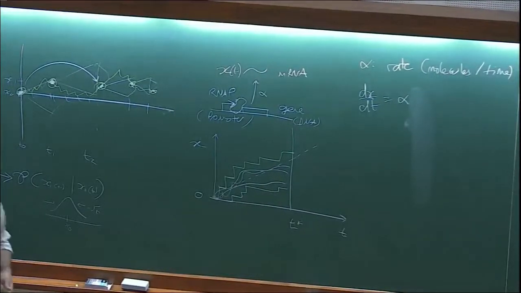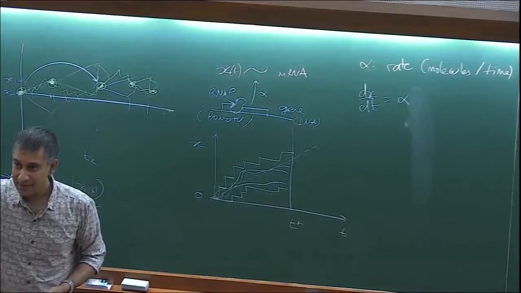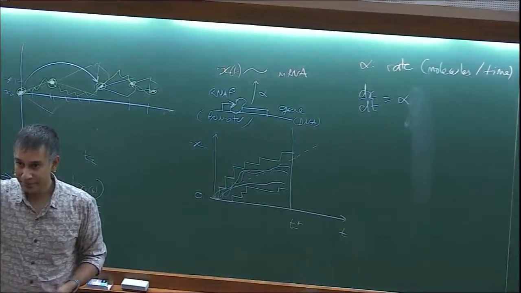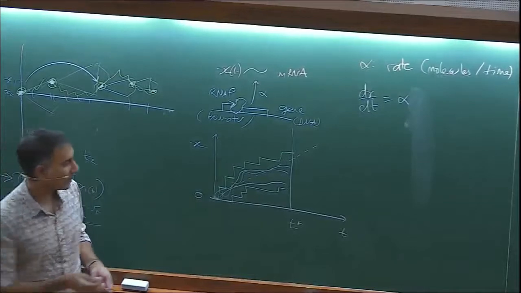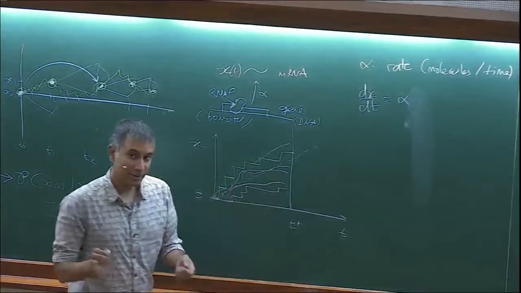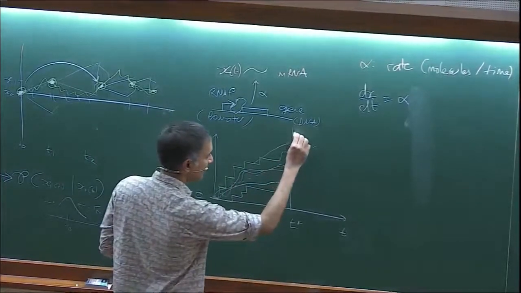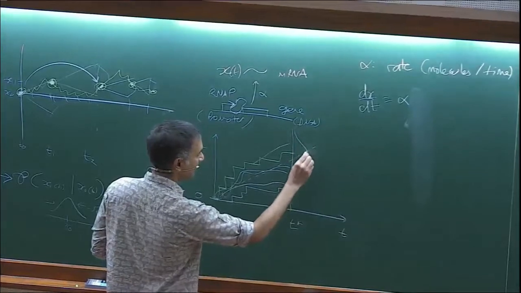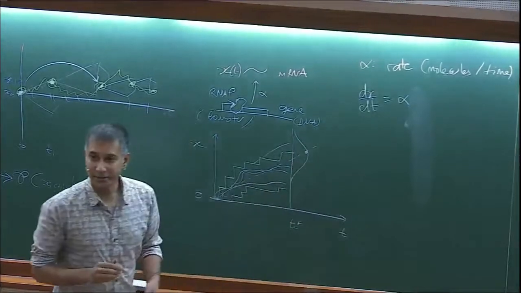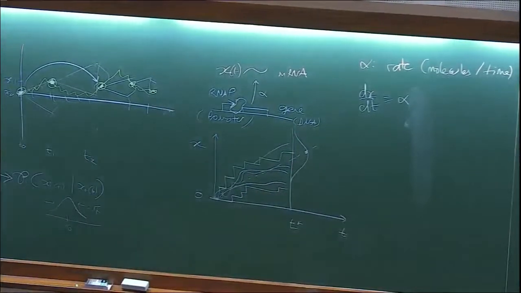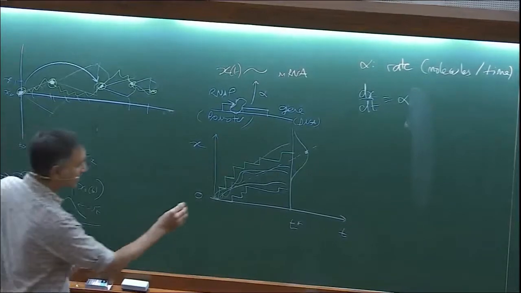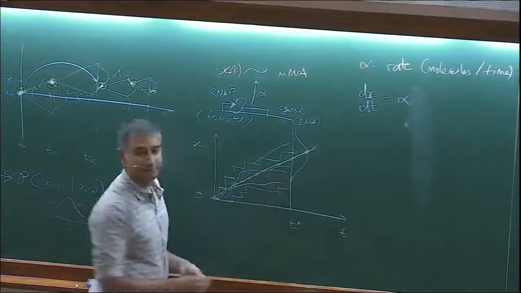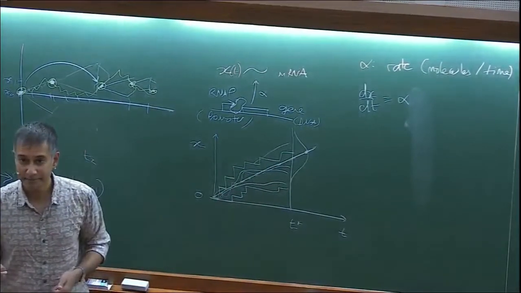Now, one sense in which this deterministic picture did capture something important and interesting about the system is that in many circumstances, not always, but in many, the average, the expectation value of x over many independent runs actually tracks the deterministic equation.